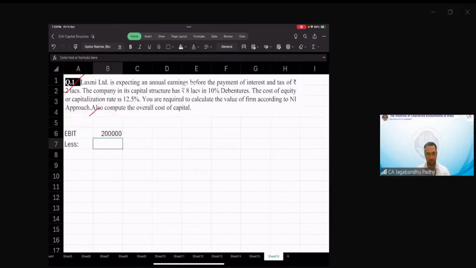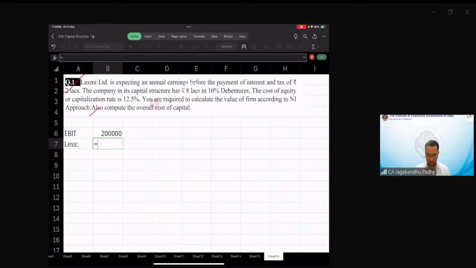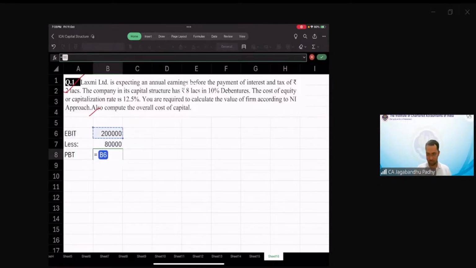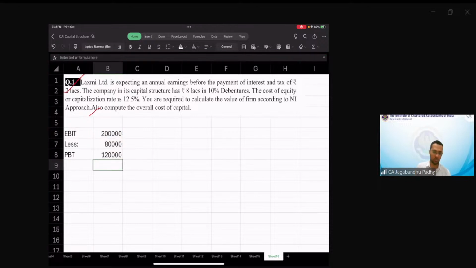So the interest will be 8 lakhs multiplied by 10%, which is 80,000. So we get a profit before tax as 1,20,000. It's 8 lakh into 10%, which is 80,000. We get the PBT as this.